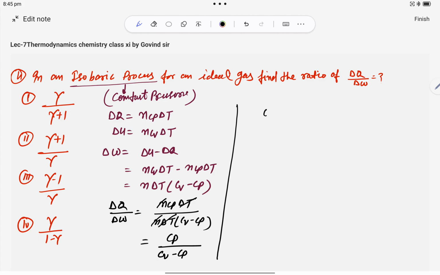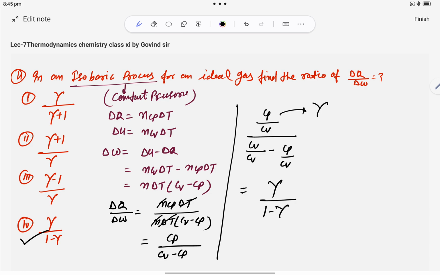What happened? Cp upon Cv, Cv upon Cv, Cp upon Cv. Cp upon Cv is what? Gamma, Poisson's ratio, I told you. So what will it be? Gamma upon (1 minus gamma). Which option? The fourth option will be correct.